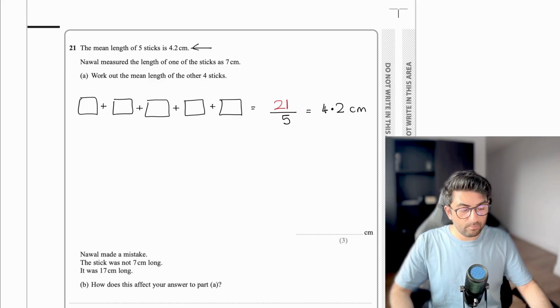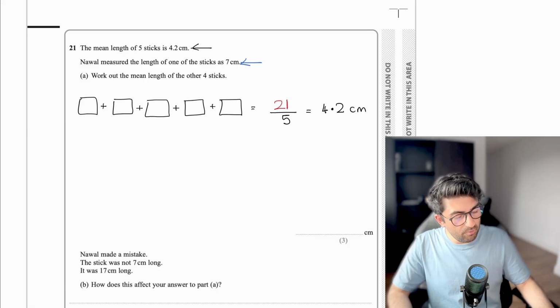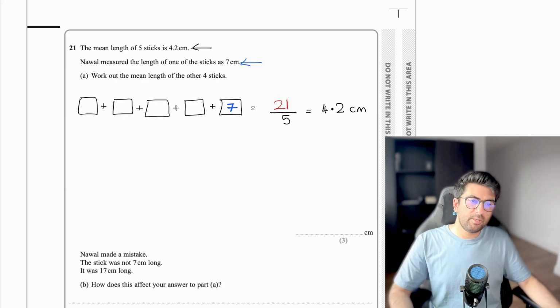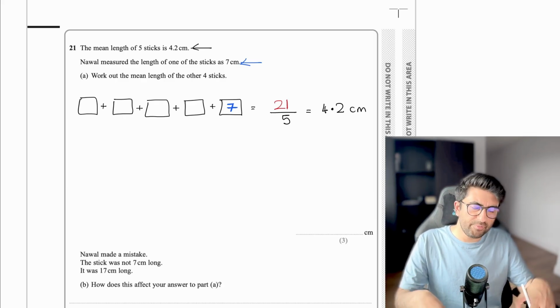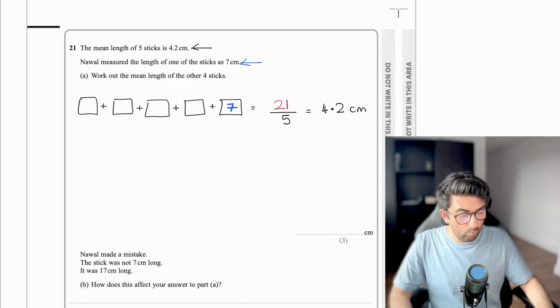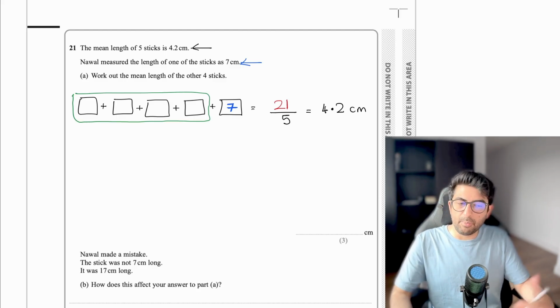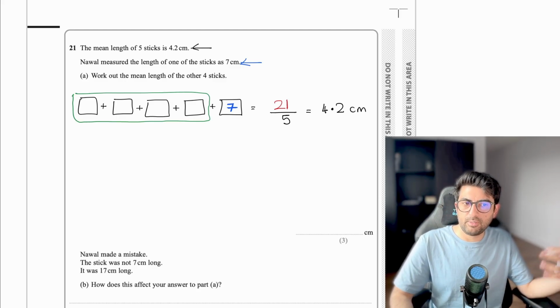So far, so good. But then it tells us that one of the sticks is 7. So this one, let's say, is 7. So if all the sticks added together is 21, and one of them is 7, what do the remaining sticks added up have to make? Well, something plus 7 is 21.